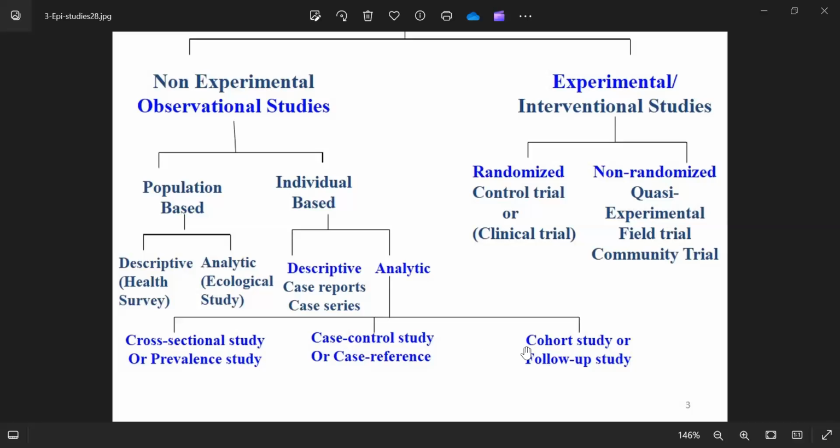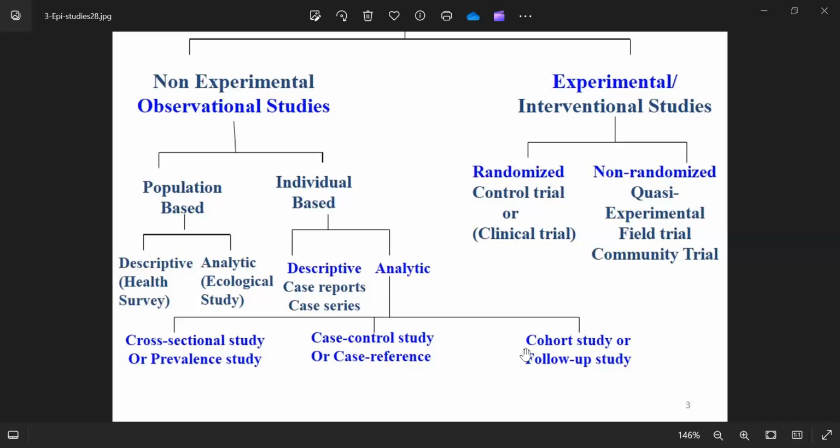So under cohort study, you go into the population, also using oral cancer as an example. You go into a particular population, let's say community B, that does not have oral cancer in them. You select a sample. Okay. Now you separate them into two.